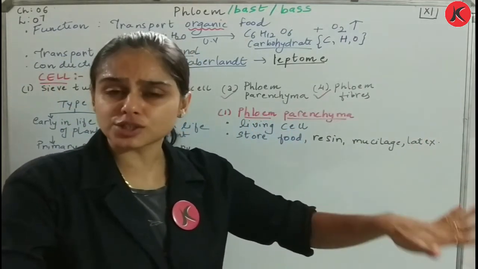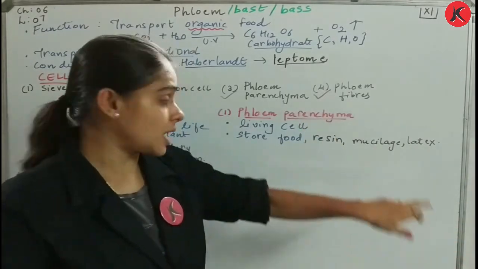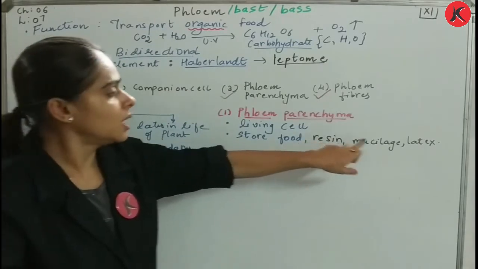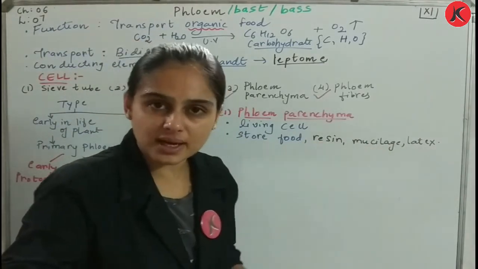Xylem में भी इसका function storage of food ही था. To be more specific, starch and fats. यहाँ पे it stores resin, it stores mucilage, and it stores latex. Am I clear?